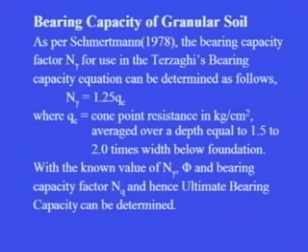N gamma can be taken as 1.25 times Qc, where Qc is the cone point resistance in kg per centimeter square averaged over a depth equal to 1.5 to 2 times width below the foundation. With the known values of N gamma, phi and bearing capacity factor Nq, the ultimate bearing capacity can be determined.